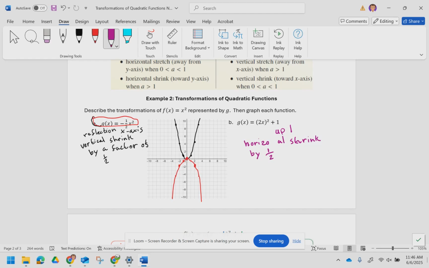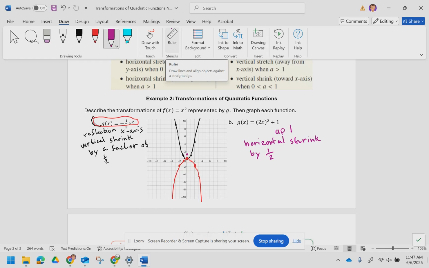So with each of our points from the parent, we would move them up 1 and then horizontally shrink them inwards. Now 0 isn't going to shrink inwards, but we can take this one where we're going to move it once again up 1 to a 5, and then it's out at 2.